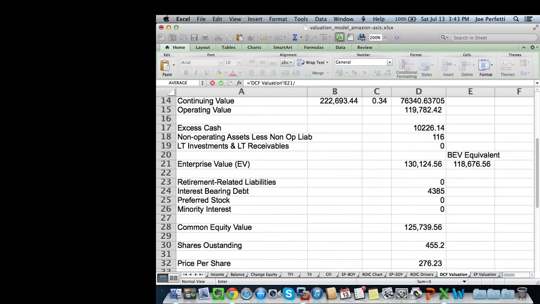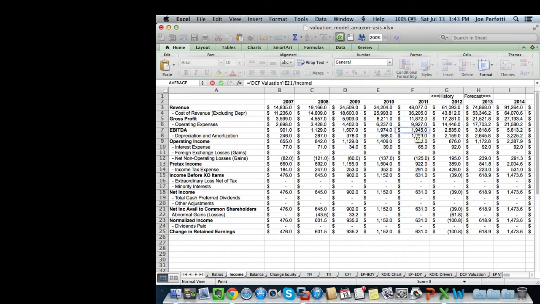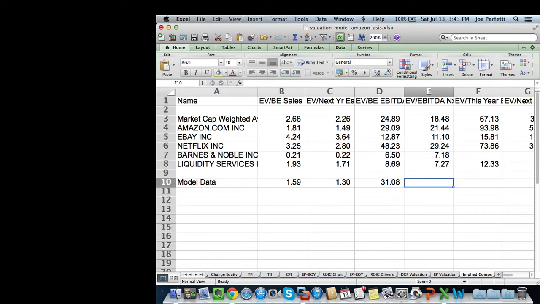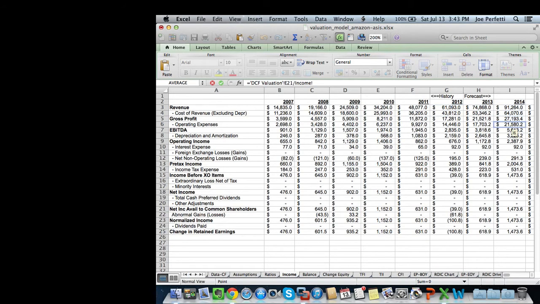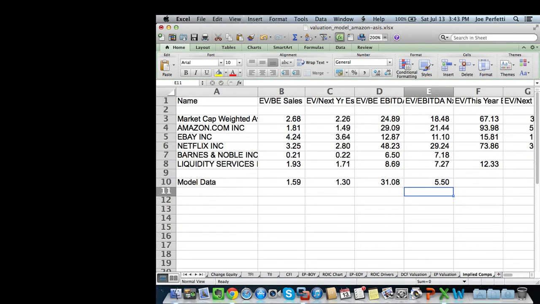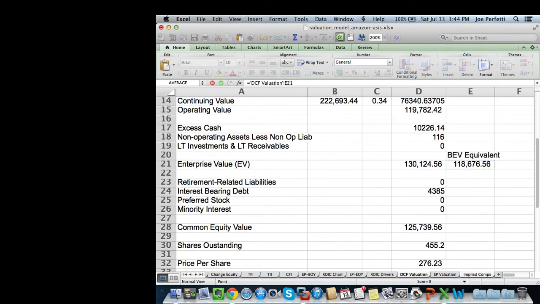You notice I'm using relative references. Sorry, I don't remember which one I'm on. Next year's EBITDA equals enterprise value to 2014 EBITDA. Equals enterprise value to EBIT, finish this up real quick.